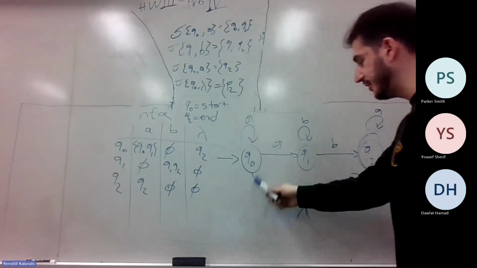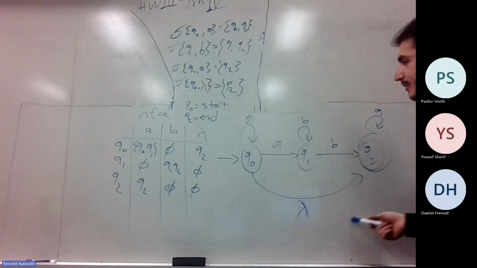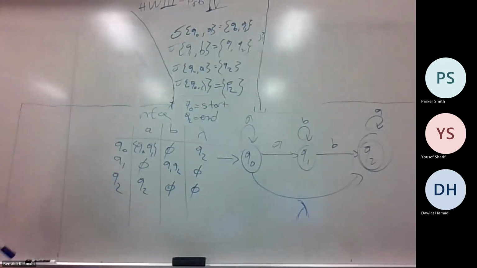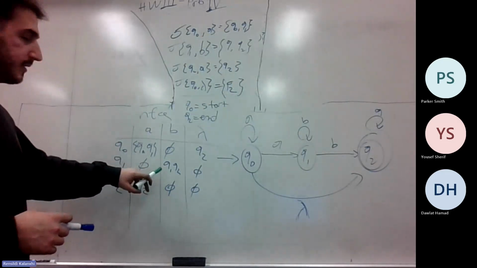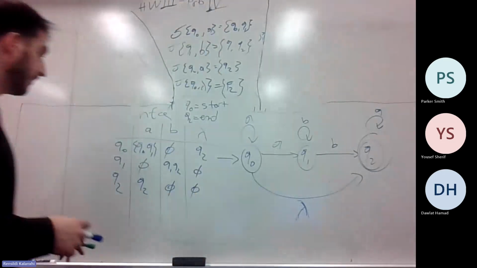Since Q0 has a free flow to Q2, this doesn't exactly look correct because of the free flow of lambda.